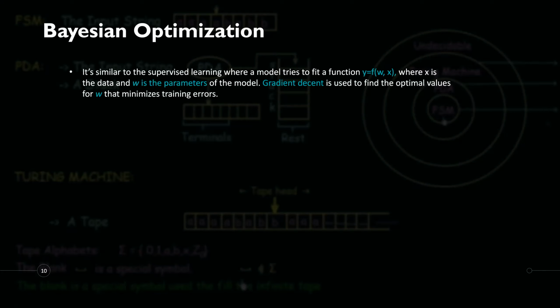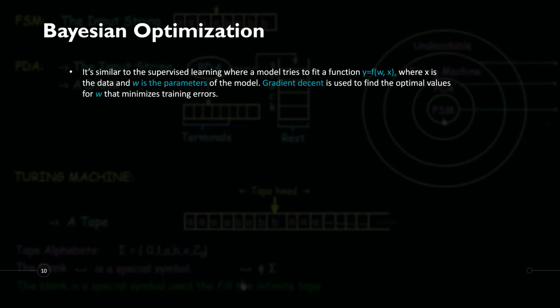It's pretty similar to supervised learning, where a model tries to fit a function y equals f of w and x, where x is the data and w is the parameters, as opposed to the hyperparameters of the model. One algorithm we commonly use is called gradient descent. I don't want to spend time explaining it; I assume you already know what it is, but if you don't know the details, it doesn't matter.